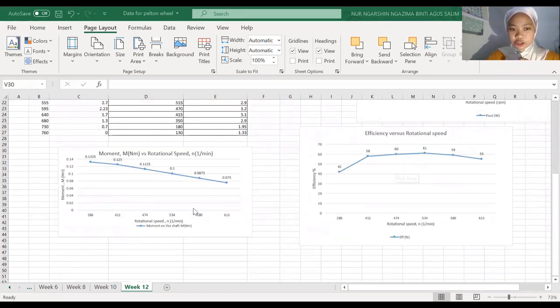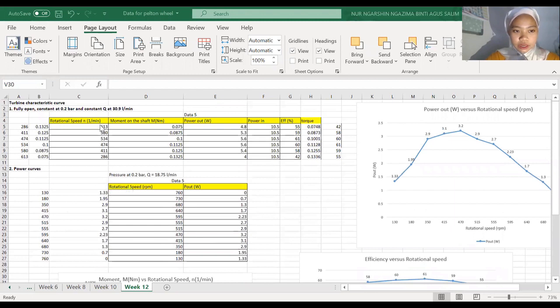From data one, I get this graph, which is moment versus rotational speed. But for this graph, I actually changed the data from this table. As we can see, it starts from 600, the big value, and goes to the smaller value. So I changed it and put it from the smaller value to the big value, to 601 and 13.